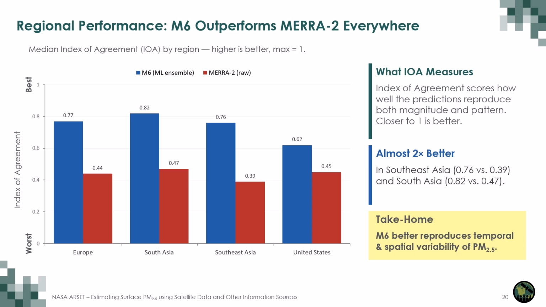The improvements are especially strong in South Asia and Southeast Asia, where agreement nearly doubles compared to MERRA-2. Europe and the United States also show clear gains. The key takeaway is that CNN more accurately represents both spatial and temporal variability of PM2.5, providing a more reliable global dataset than the raw MERRA-2 PM2.5.